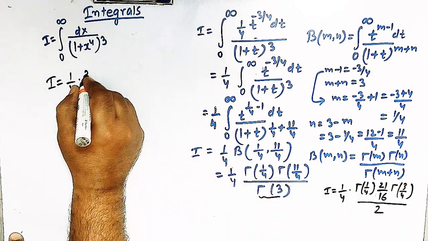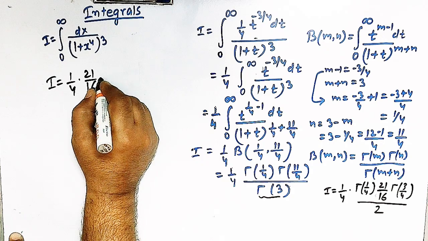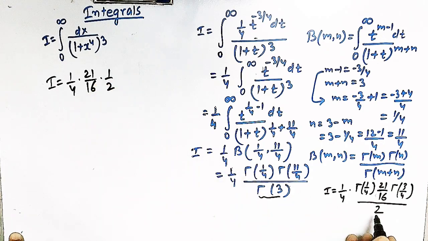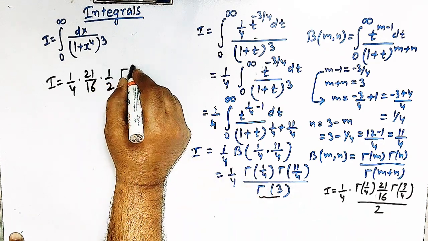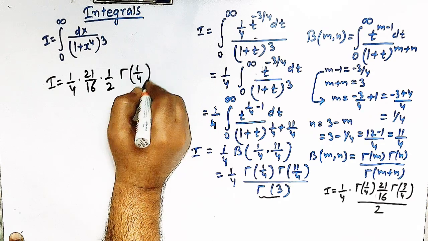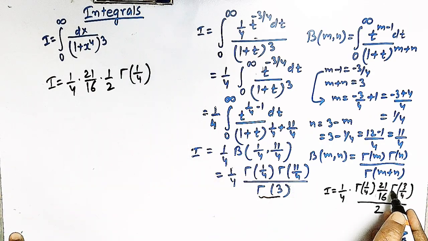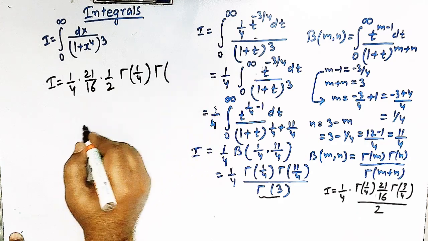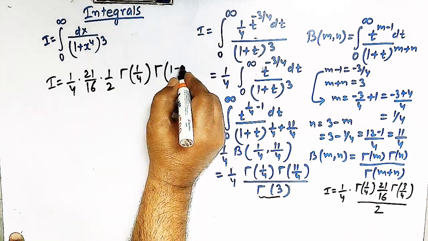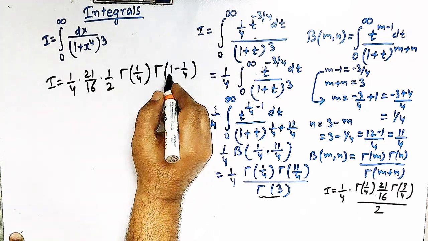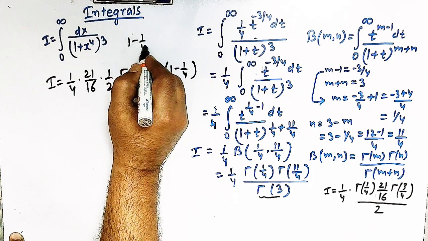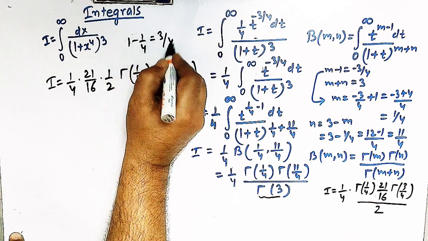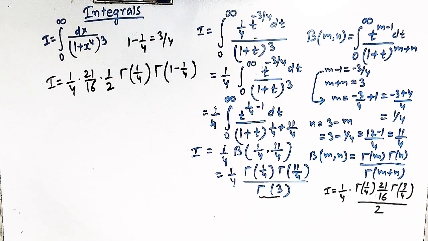Here we have 21 over 16, and here we have half, and here we have gamma 1 over 4, and here we have gamma 3 over 4, and gamma 3 over 4 can be written as gamma of 1 minus 1 over 4, because 1 minus 1 over 4 is equal to 3 over 4.